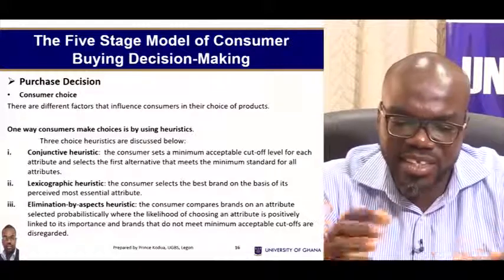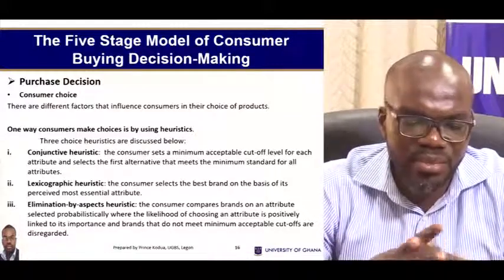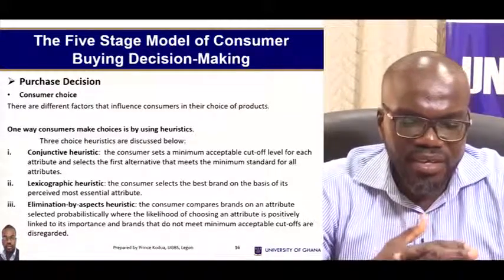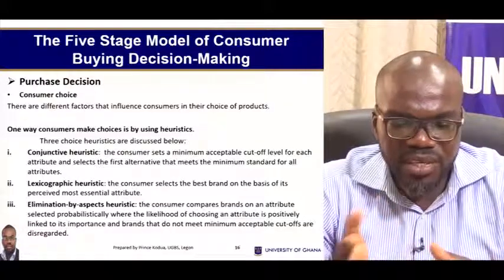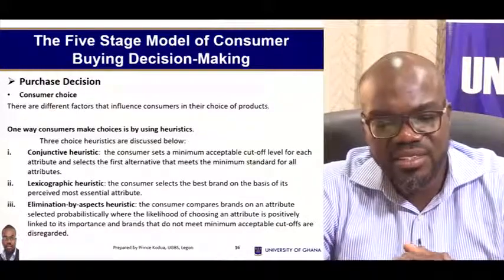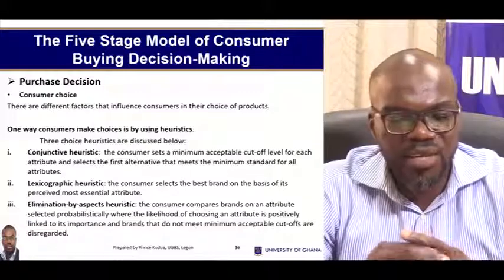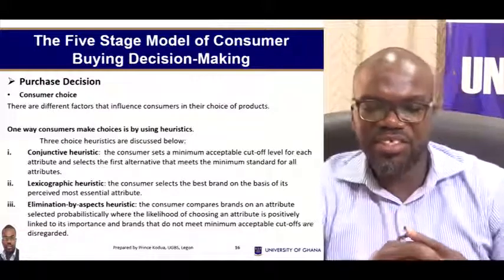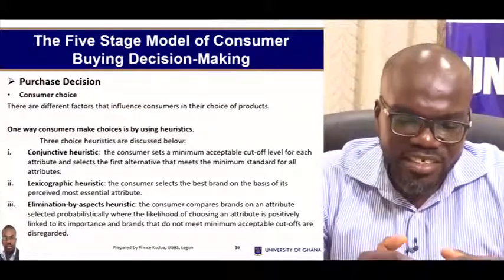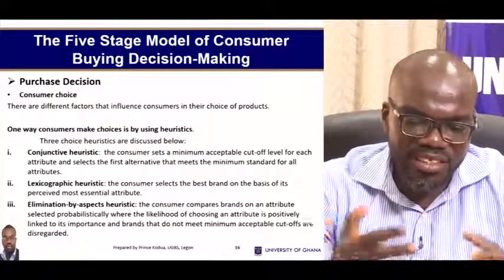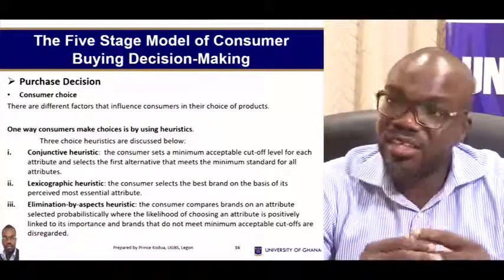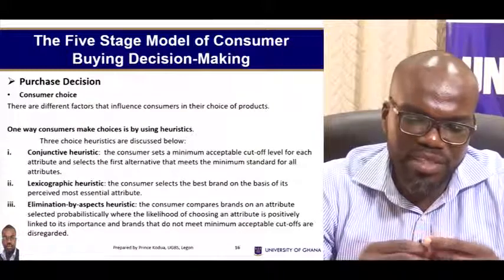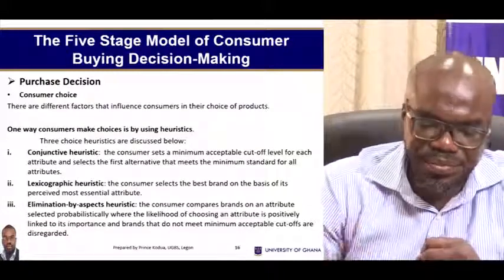What is selected is linked with its importance, and brands that do not meet minimum acceptable cutoffs are disregarded. So here, elimination is done based on these selected probabilistic attributes.